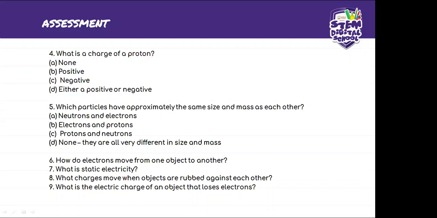How do they move? Those electrons that are on the outer shell of the atom, how do they move from one object to the other? Yeah, so you have an idea, but you have to refine your answer.